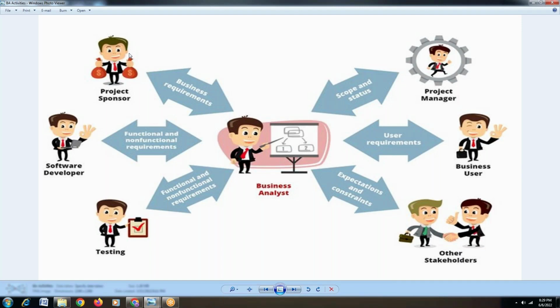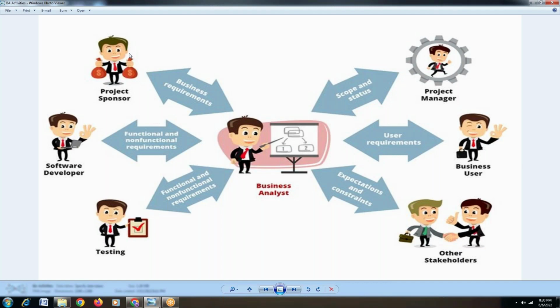If you want to know about the scope and its status, you have to discuss with the project manager, because the project manager is the person who heads the project and is responsible for managing it. The project manager will give you all the leads, meaning what scope they want you to identify. Project planning is looked after by them, hence they'll give you all the information. This is what we call scope, which you will be dealing with the project manager.